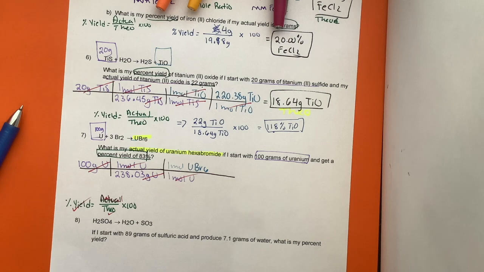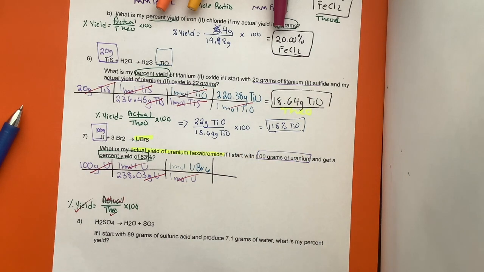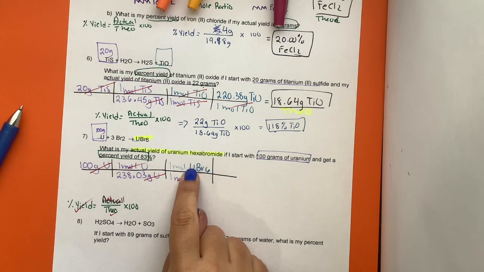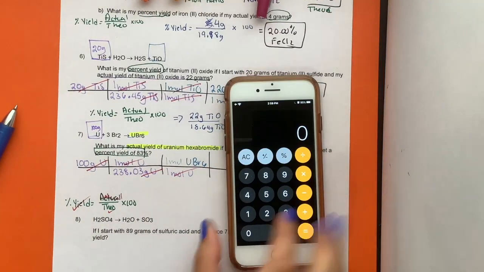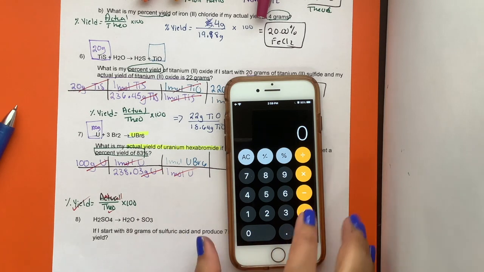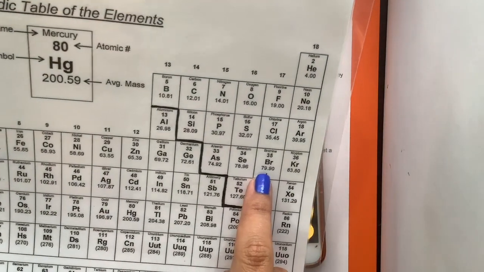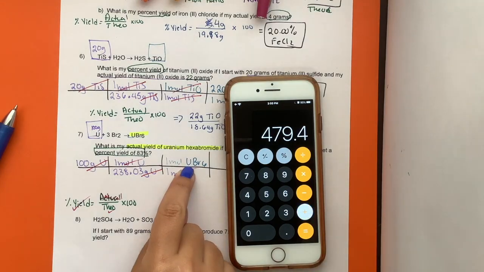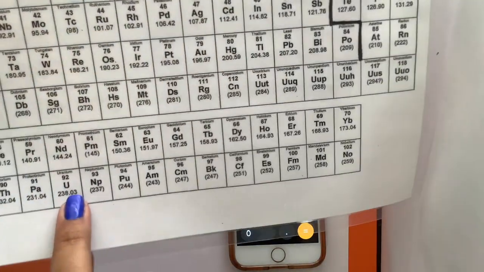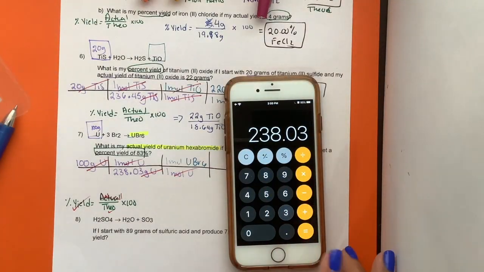I'm left in moles of my product, but I need the grams in order to have the theoretical yield. So I need to figure out the molar mass of UBr6. Again, I'm going to get my calculator. Bromine, I have 6, so I'm going to do 6 times the mass of bromine, which is 79.90, plus the mass of only 1 uranium, which is 238.03.